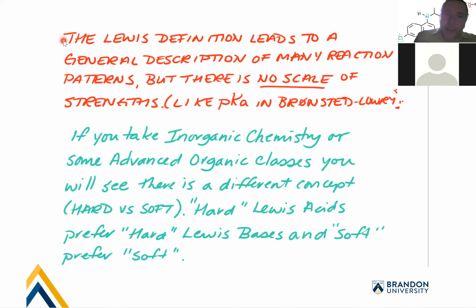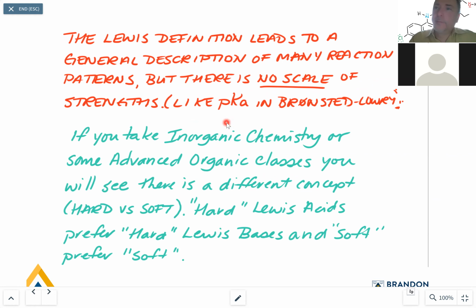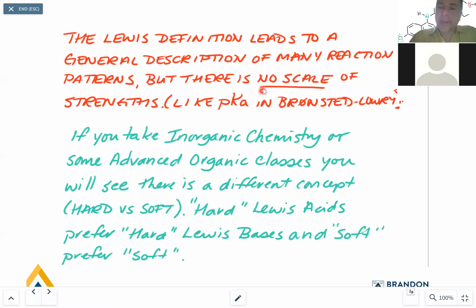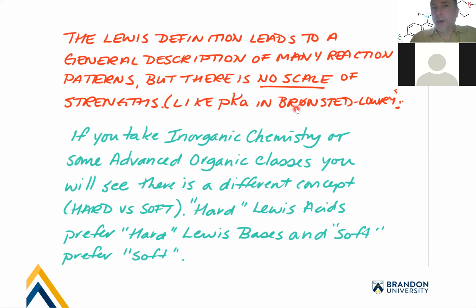We'll do an example of that in a second, but I'll go back to this previous slide. With Bronsted-Lowry acids and bases, we had a scale which dictated what's the strongest acid. And from that scale, we could derive what's the strongest base, because the strongest acids will have the weakest conjugate bases and the weakest acids would have the strongest conjugate bases. But there is no scale with regard to this for Lewis acid and base strength. There are certain Lewis acids or Lewis bases which would preferentially complex with each other.